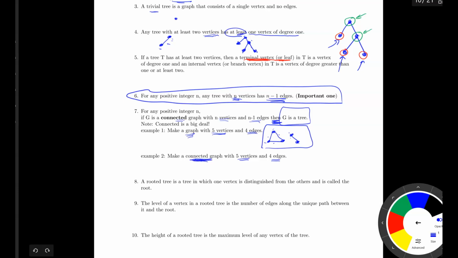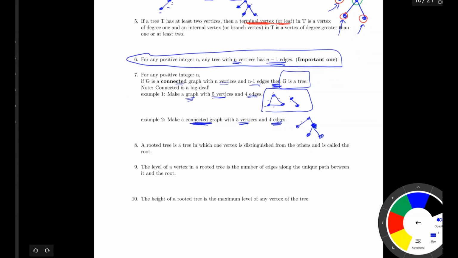Make a connected graph with 5 vertices and 4 edges. There we go. 1, 2, 3, 4, 5 vertices, and then 1, 2, 3, 4 edges, right? Okay, so a connected graph with 5 vertices and 4 edges. Notice it has to be a tree.